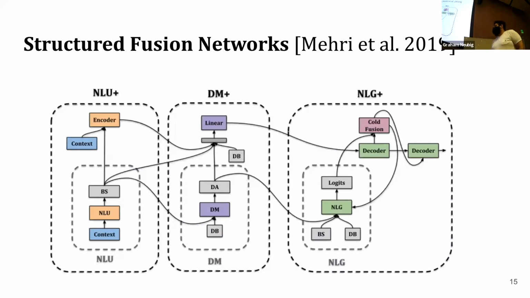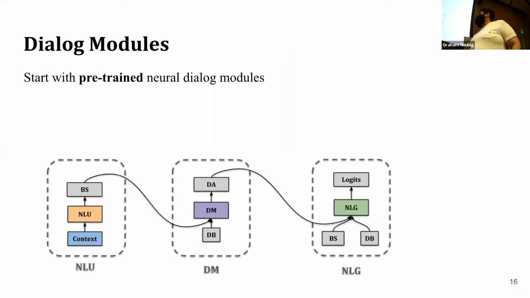So structured fusion networks were the next thing that was done on the MultiWOZ corpus. And this was work that was done by me. Because this diagram is a bit confusing, we can break this down. So basically, in structured fusion networks, we begin with neural modules for the NLU, the DM, and the NLG.